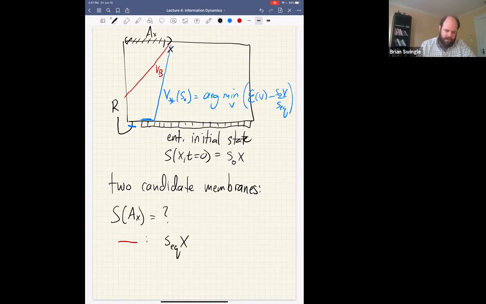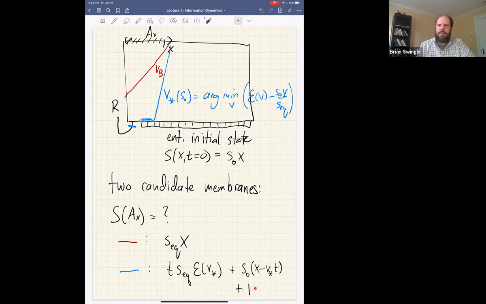It's just saturated. If the blue surface dominates, it's T S equilibrium epsilon of V star. And this little +1 here is from the R part.